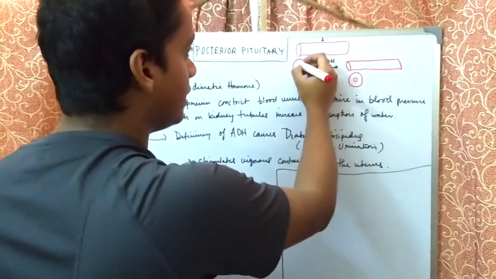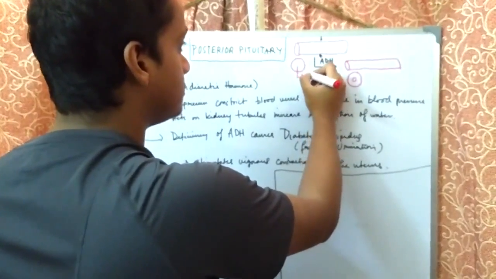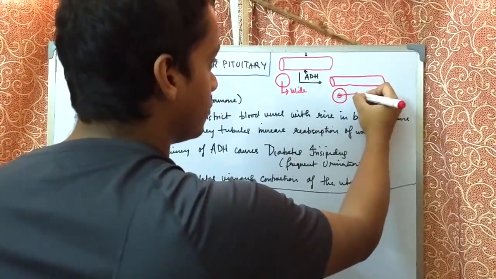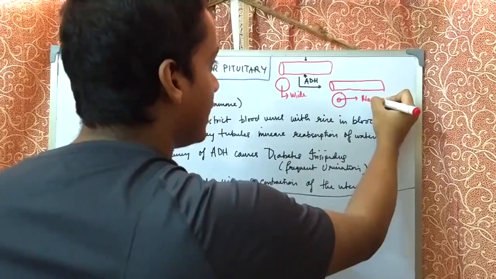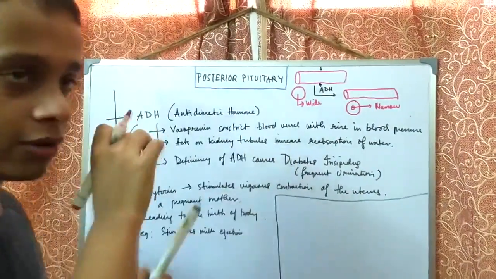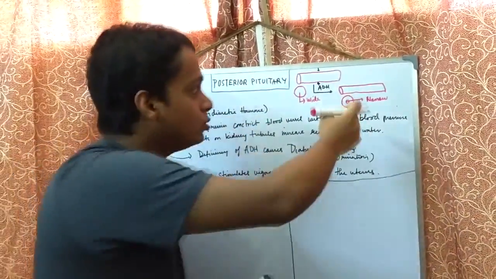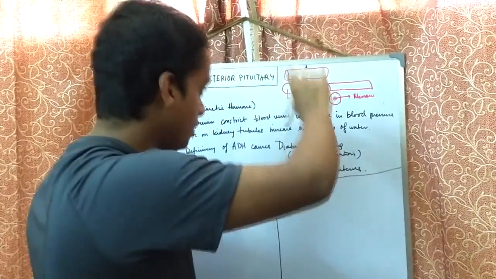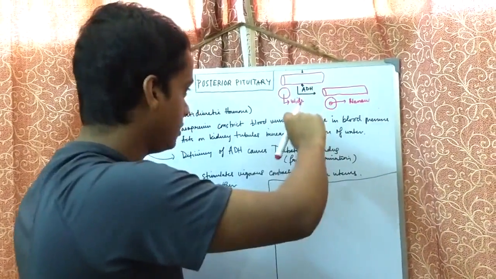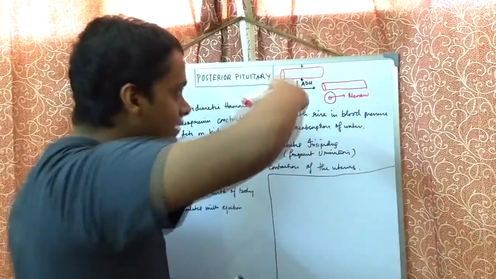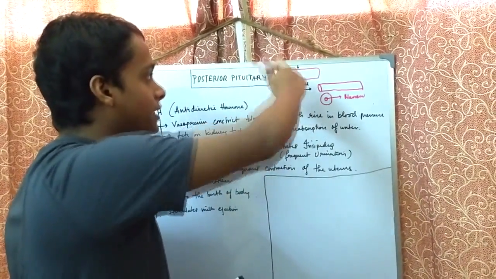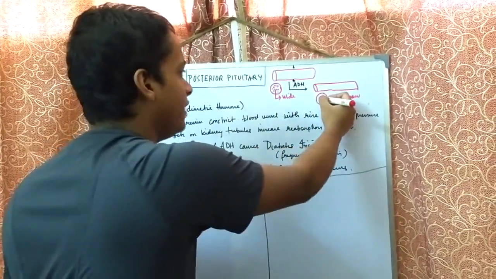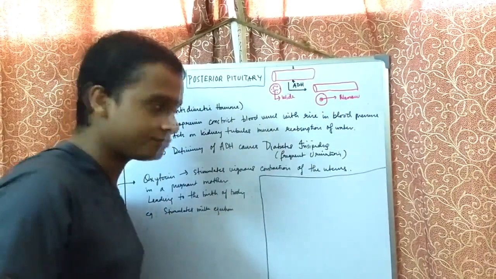You can see here the lumen is wide, whereas here the lumen is very narrow. Blood cannot flow easily through a narrow lumen when there is constriction, and blood can easily flow through a wide lumen because there is more space. More blood can flow here, and here very little blood can enter.